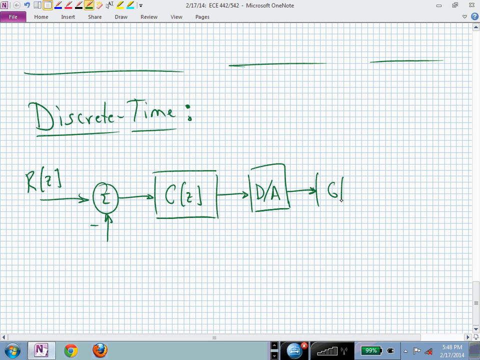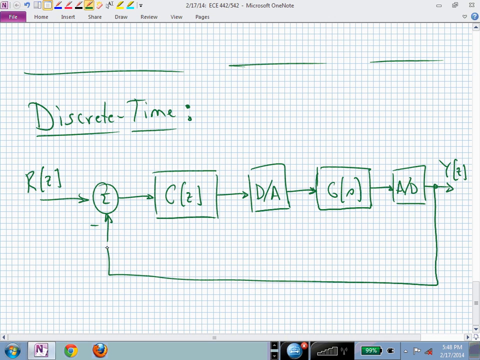Now we can apply that analog signal to our analog plant G of S, but in order to compare this output of the plant to a sequence of numbers that are our reference input, we actually need to sample the plant output, and now we have this discrete time system, and we'll have it even better if we can figure out how to replace all of this with a G of Z. And this, here again, is our hold device. This is our sampler.